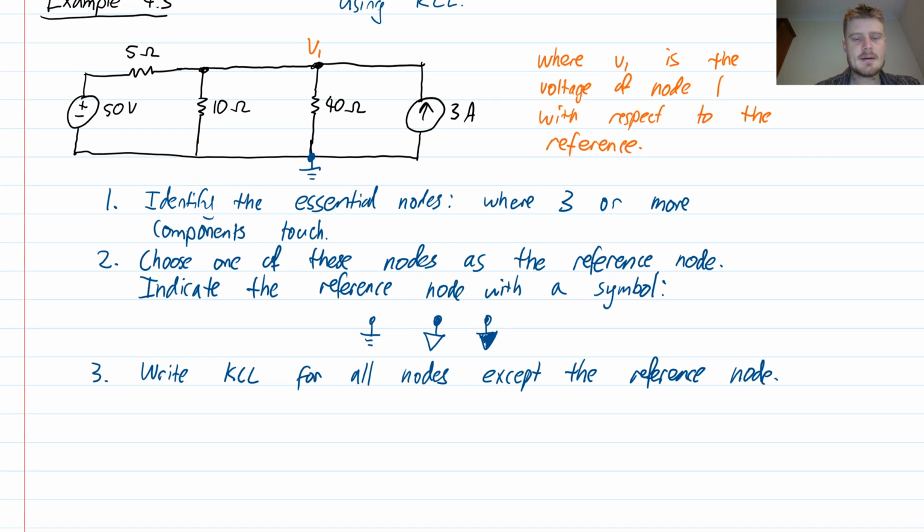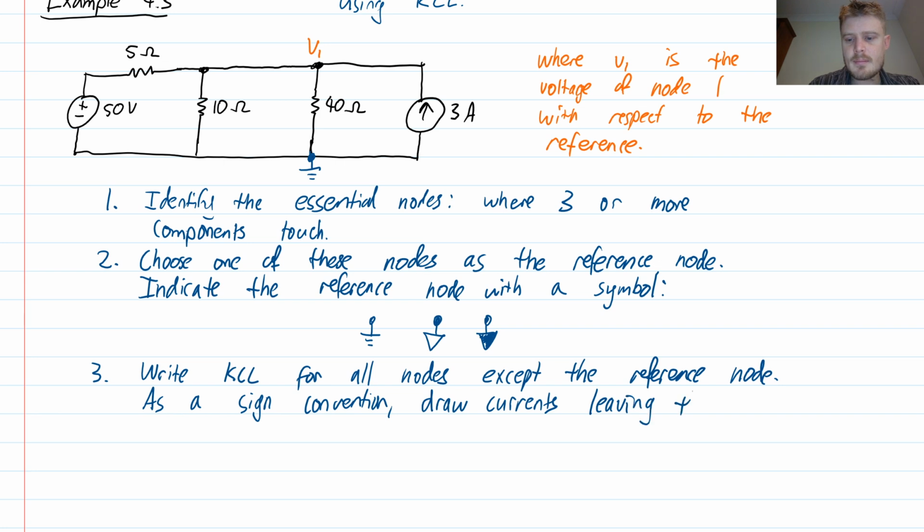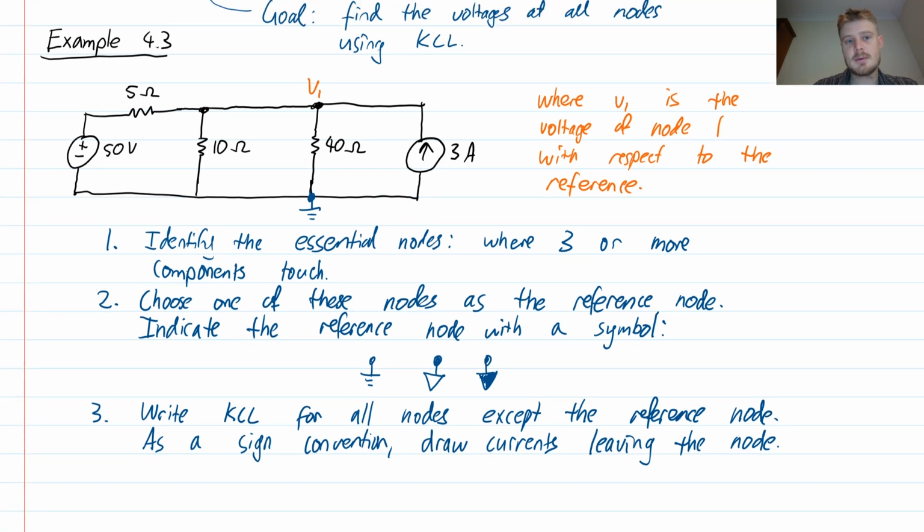In particular, as a sign convention, we usually draw the currents leaving the node. This is not strictly necessary, but it is convenient for a little shortcut that I will show you in a moment. So for instance, I have one current here, I will call it I1.